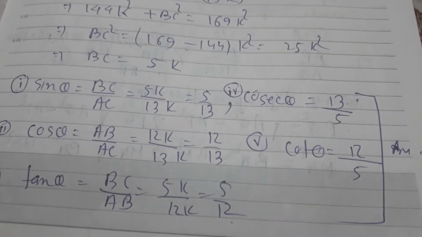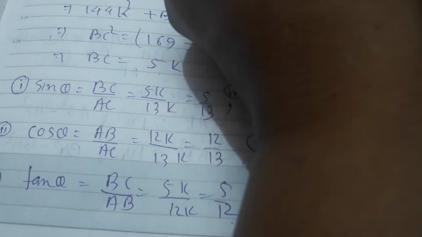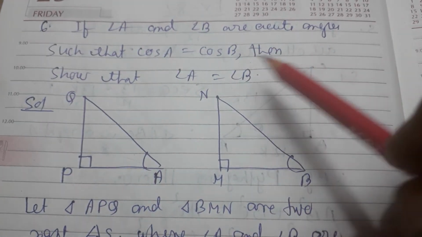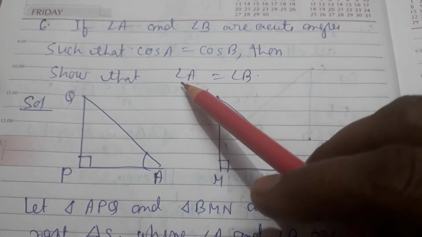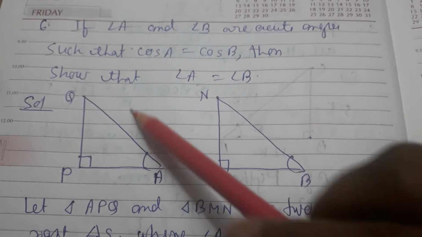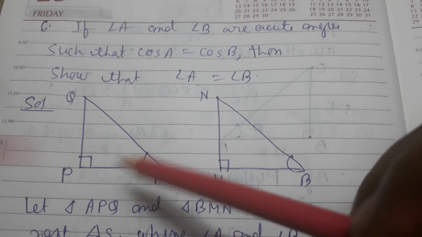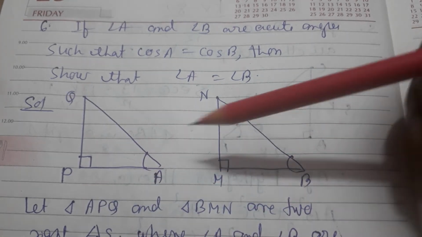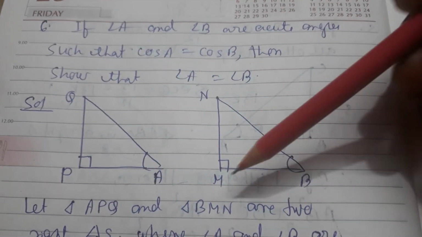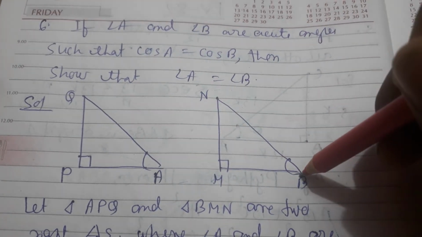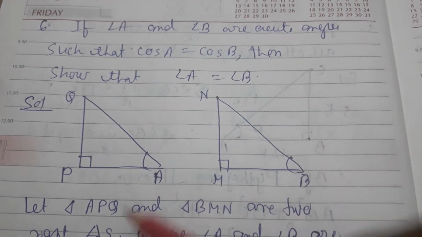Okay. Now come to question number 6. If angle A and angle B are acute angles such that cos A equal to cos B, then show that angle A equal to angle B. For this you draw two right triangles APQ and BMN, where angle A and angle B are acute angles, means less than 90 degrees.